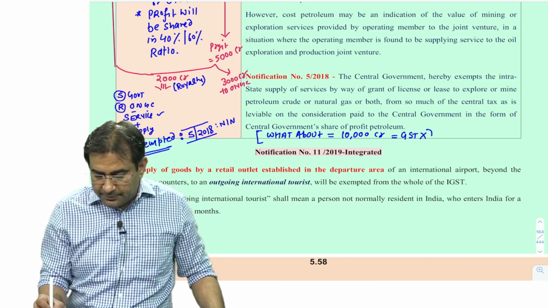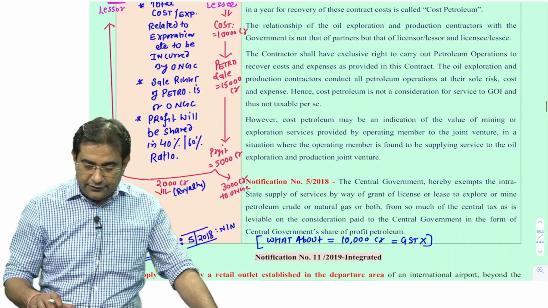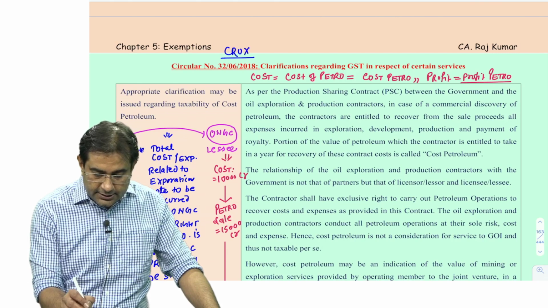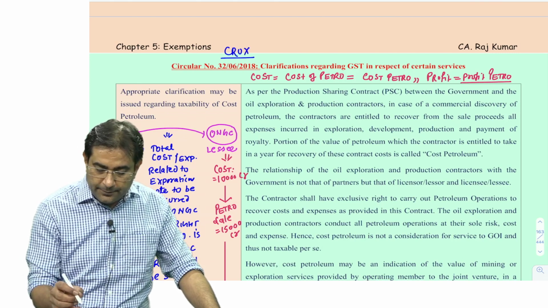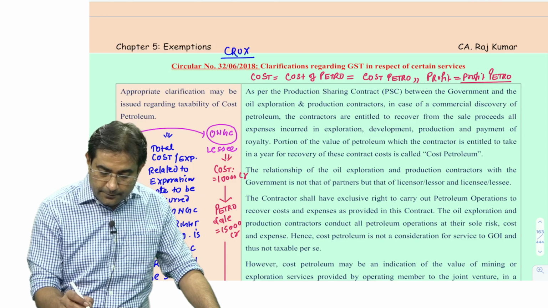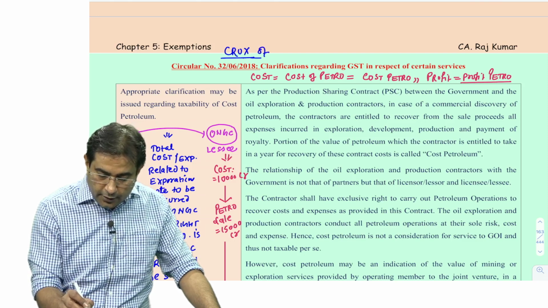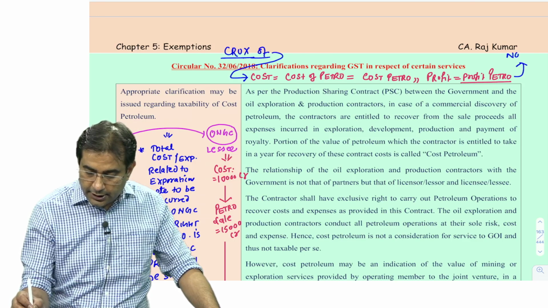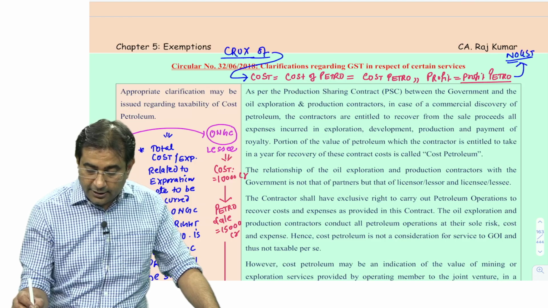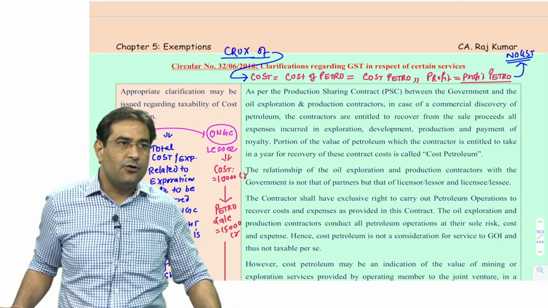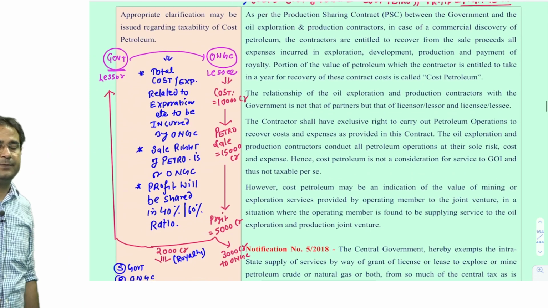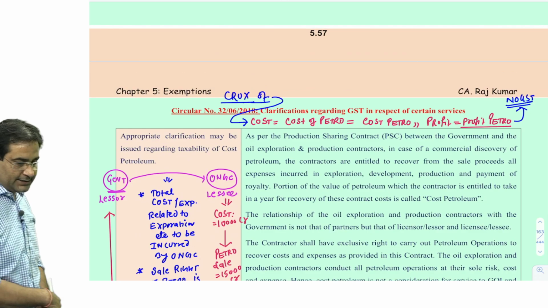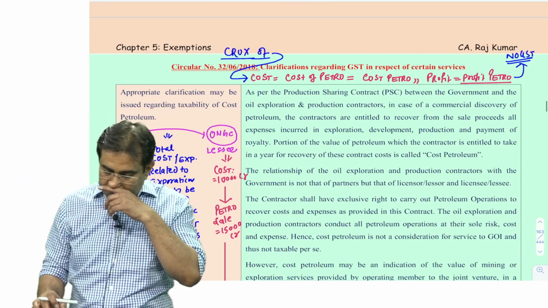So it can be simply said, the crux of this circular and notification is: cost petroleum and profit petroleum attract no GST at all. That's it, my dear. Because you know very well, here the government is completely involved in this picture, so accordingly GST cannot be there. Is it okay? Yes, sir. So this is the provision in between.